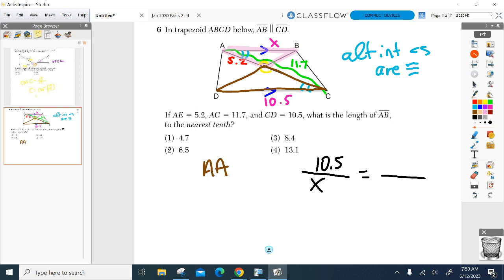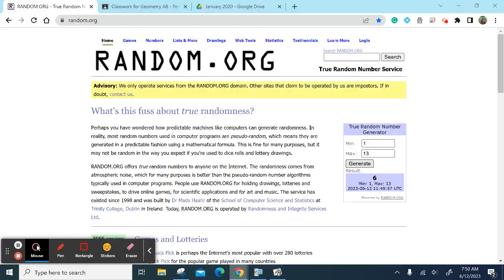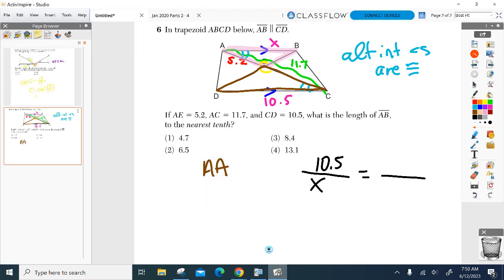Here's the only little piece of work you need to do. Give me another side in the brown triangle so I can put it with the 10.5. You're going to have to do a little math, I know. I'm looking for EC. How can I find EC?